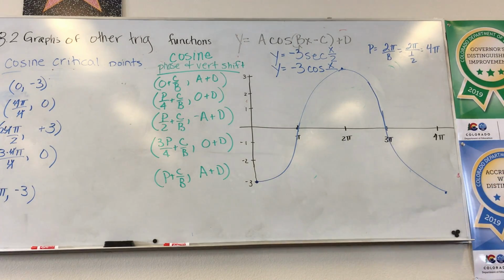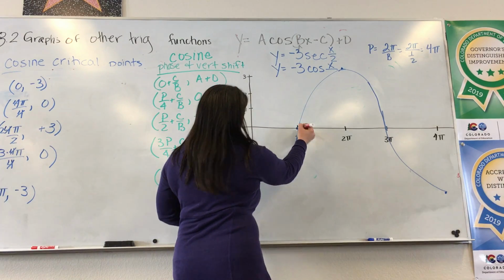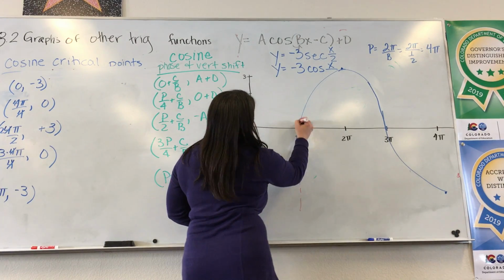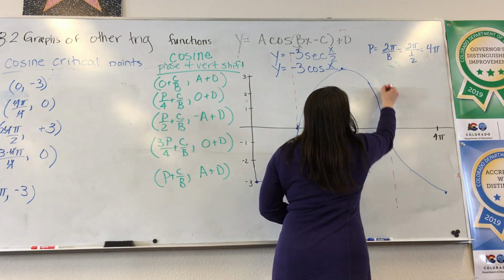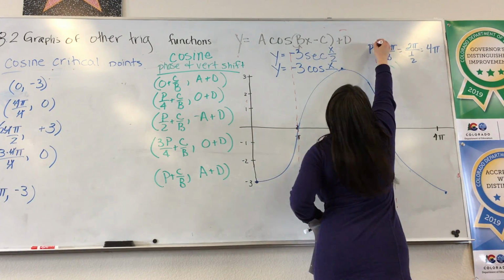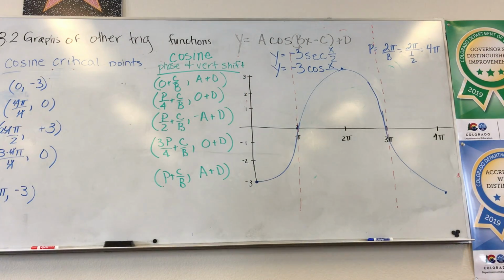All right. So we want the secant. Everywhere that the cosine is 0, there's an asymptote. So there's an asymptote right here, and an asymptote right here. Now, everywhere that there's a minimum on the cosine is a maximum of the secant.